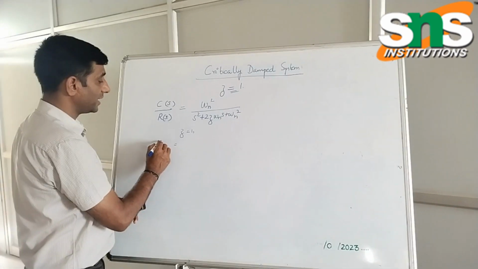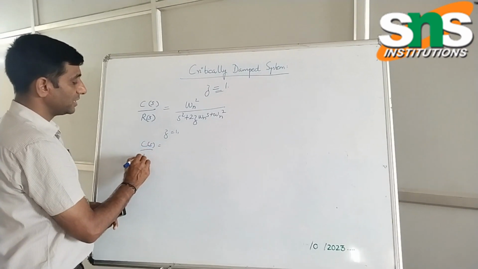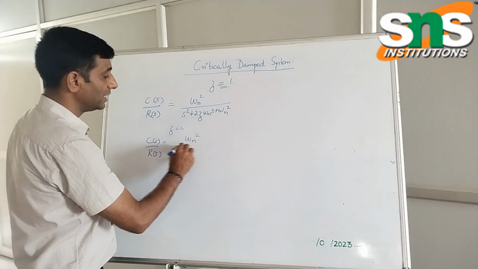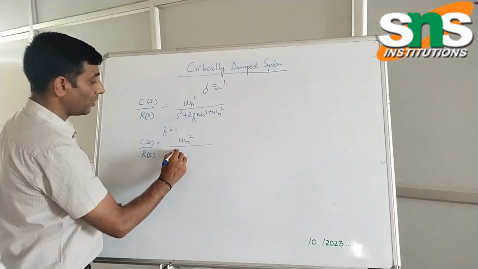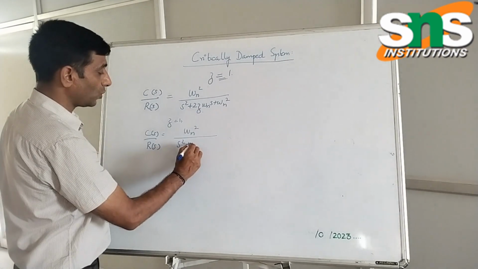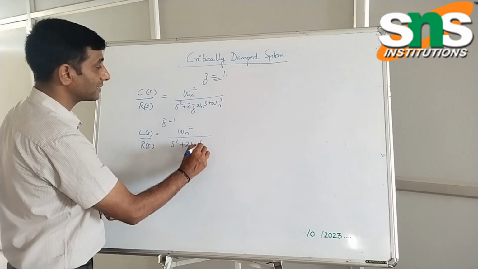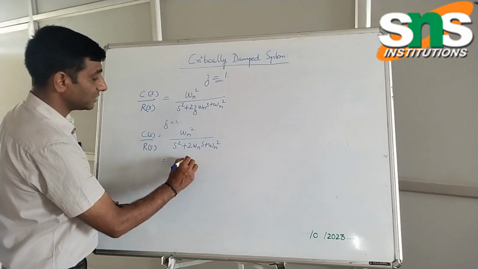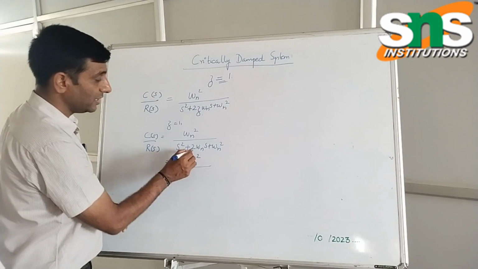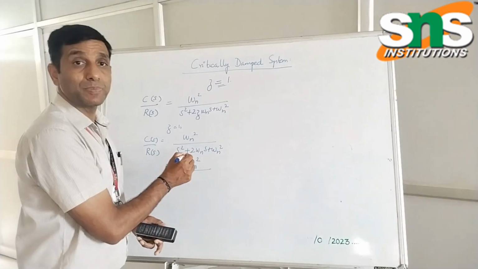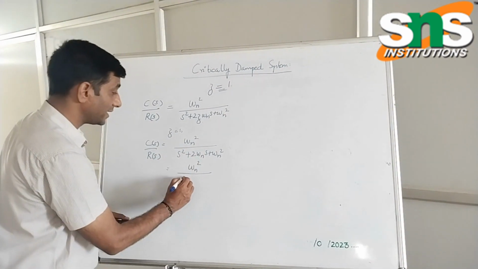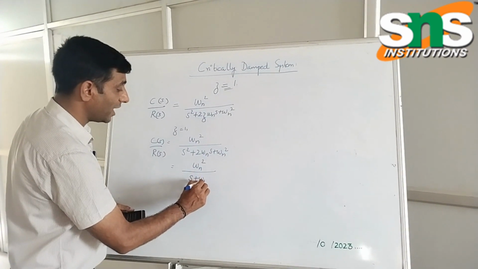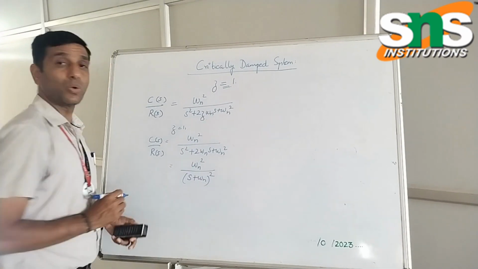So the equation becomes C of s by R of s is equal to omega n squared divided by s squared plus 2 omega n s plus omega n squared. Now I can write it as omega n squared divided by, this is the form of a plus b the whole square, so it is s plus omega n the whole square.